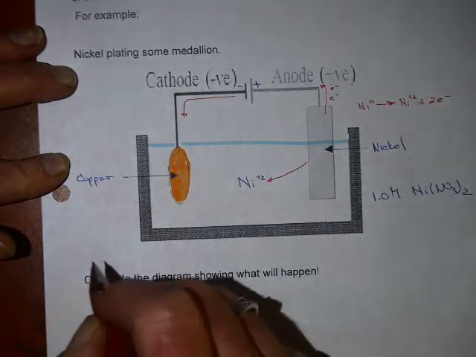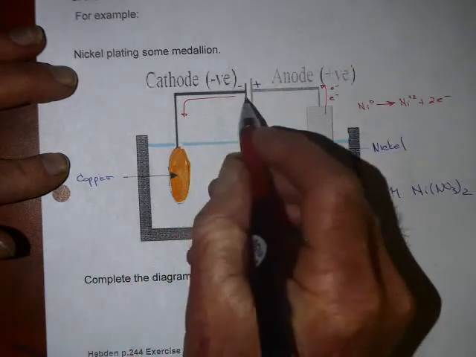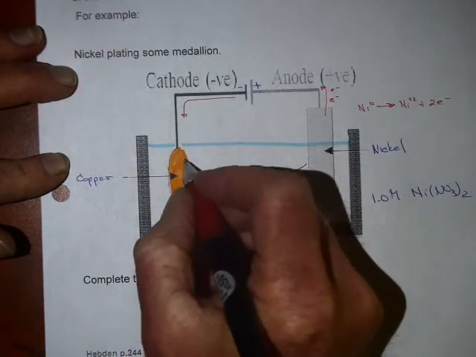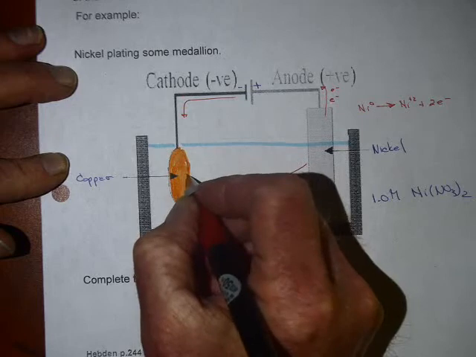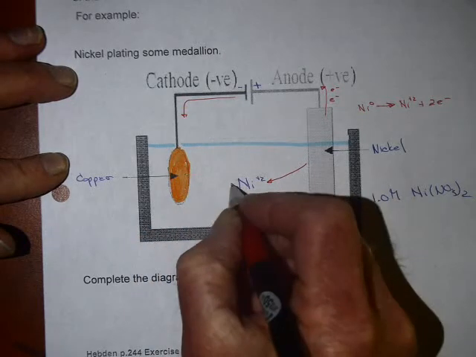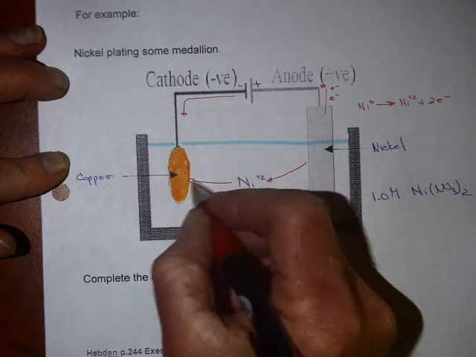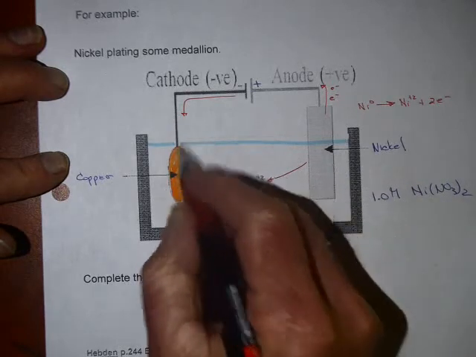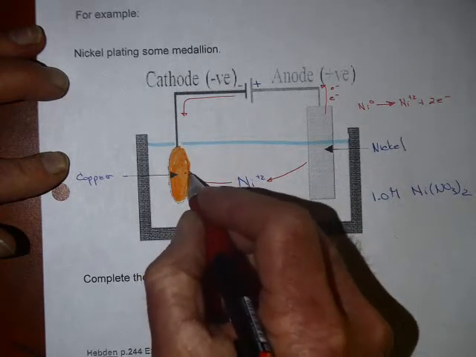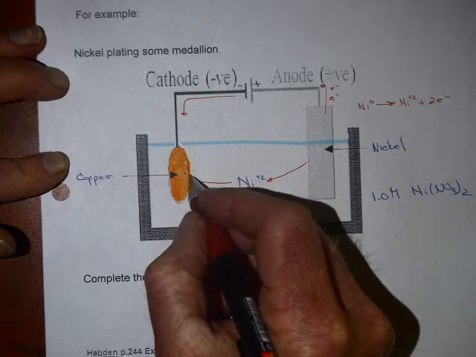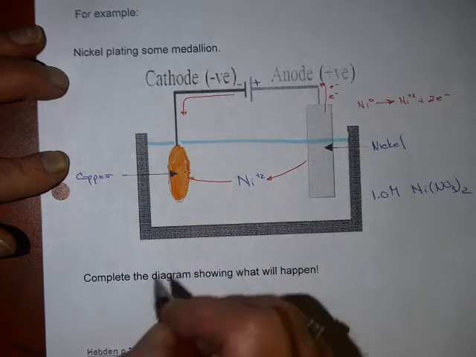Okay? And as the electrons come down here, they will attract the nickel. The nickel ion will accept the electrons and form on this side nickel plating.